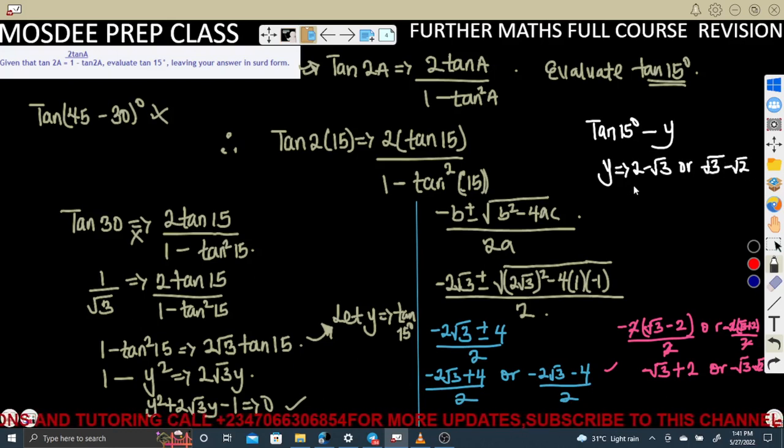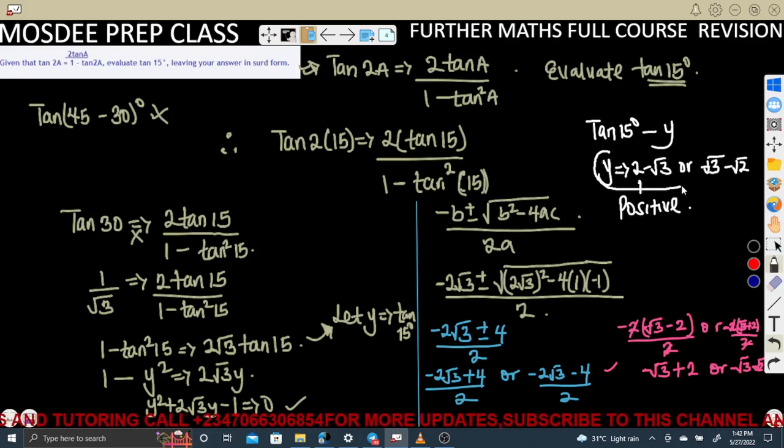Remember, tan 15 will always be positive in the first quadrant, and that is why only this answer will be valid. So be careful about that. If you have written the two, as an examiner, we are going to mark it. But in some objective questions, you have to know that in the first quadrant, all are positive. So we go to the next question.